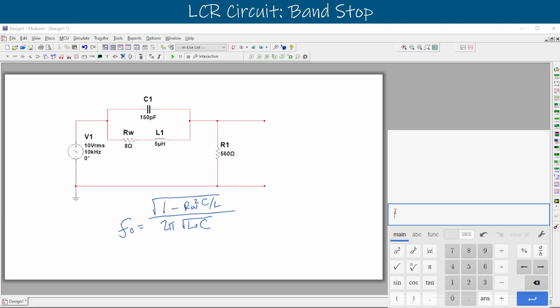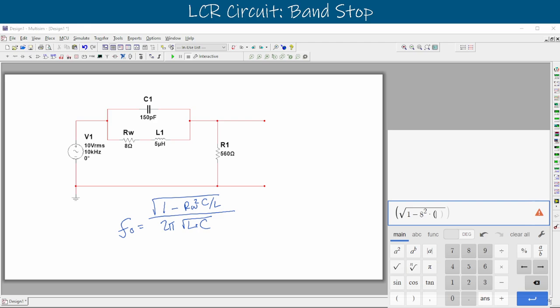So we can plug that into our Desmos over here and say that we have, open parenthesis first, our square root equation on top, and that is 1 minus our winding resistance. We see that that's 8 ohms in this circuit here, squared. And that's multiplied by, and I like to parenthesize this just to be safe here, our capacitor divided by our inductor.